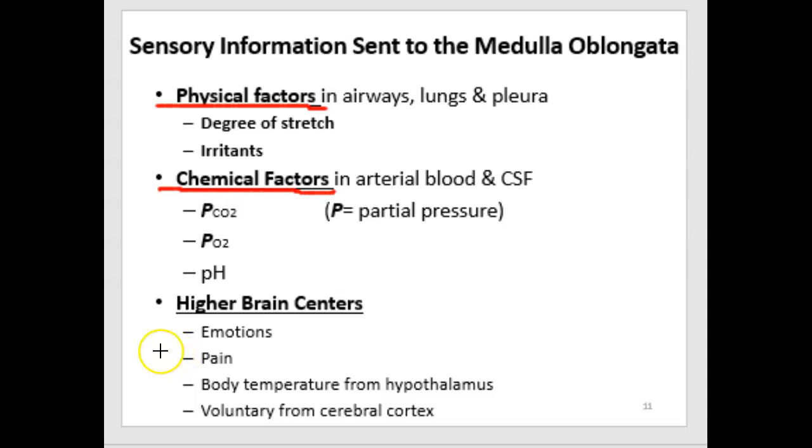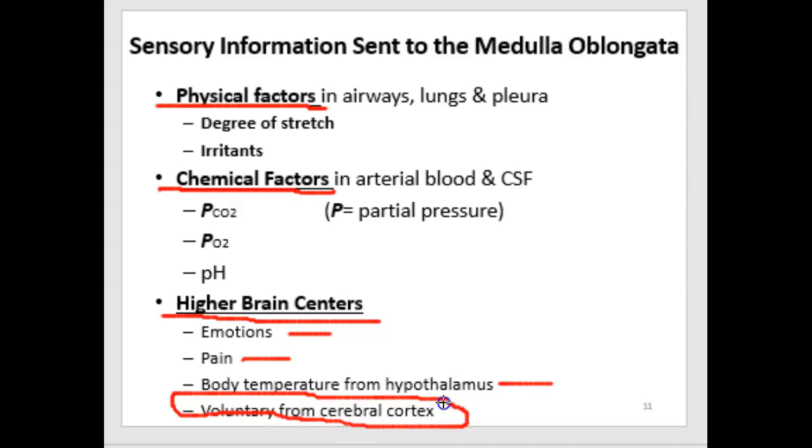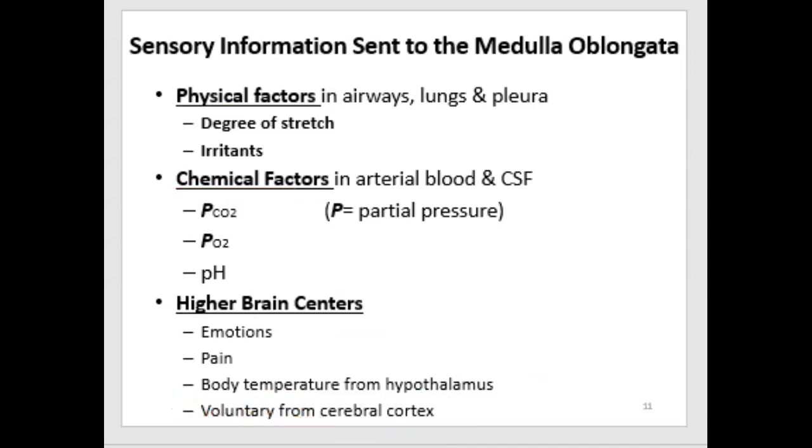And then, of course, we have anything from the higher brain centers that could be sent to the dorsal respiratory group, including emotions like anxiety, anger, rest, peacefulness, whatever, pain, body temperature, and then we can also voluntarily control our respiration from the cerebrum. So we're going to mainly look at the physical factors and the chemical factors.